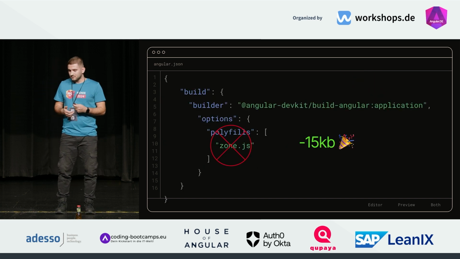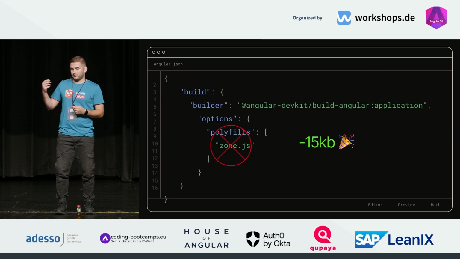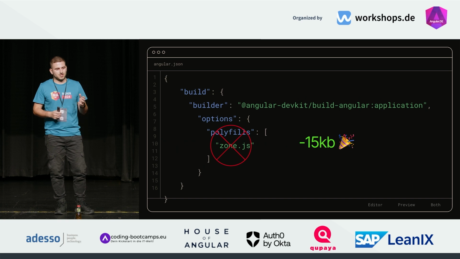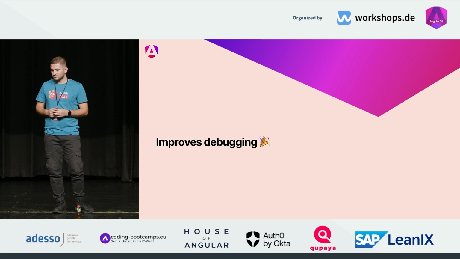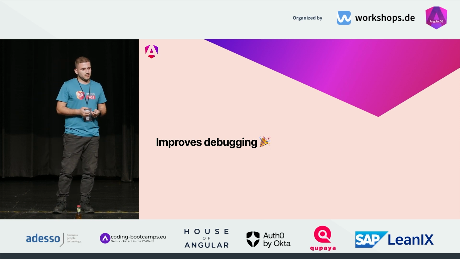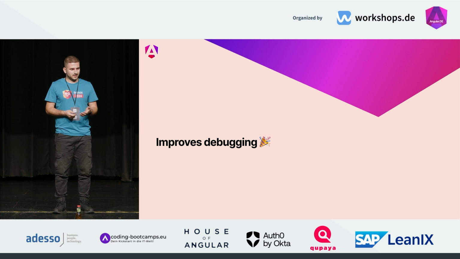But also, you remove this 15 kilobytes of JavaScript that needs to load on every Angular application that is today in production. But also, I say it's better to use in development mode because it improves debugging.